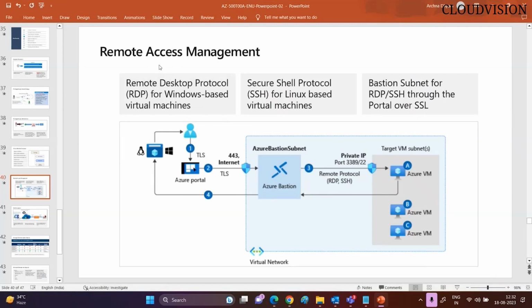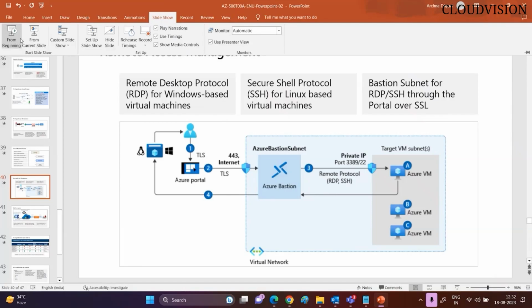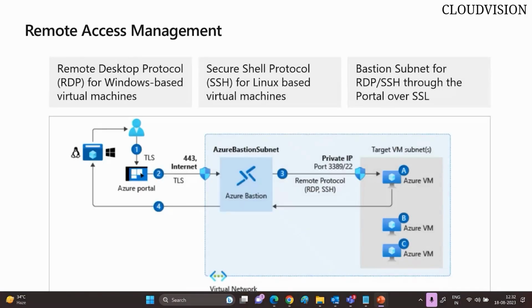Now, this is the next topic called remote access management. And let me just open this presentation, then we can continue. Here we are talking about taking the remote access of your resources.